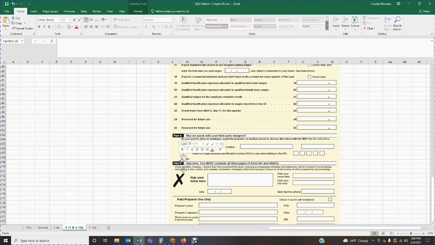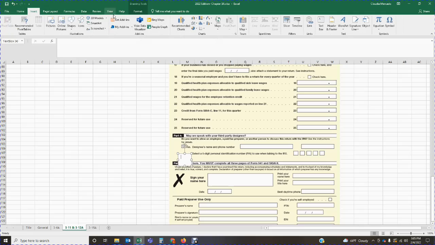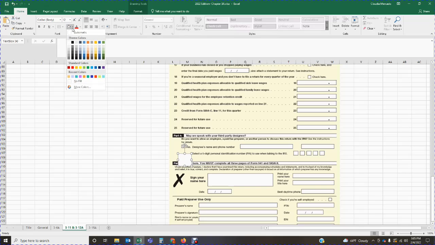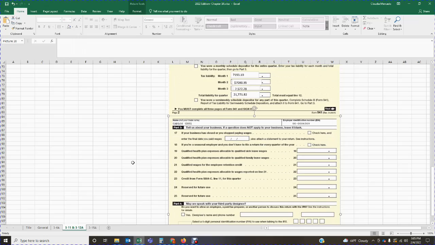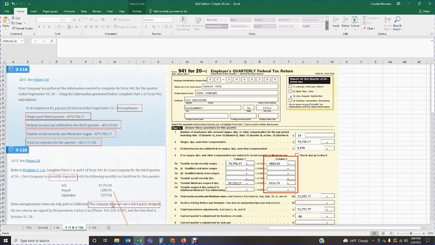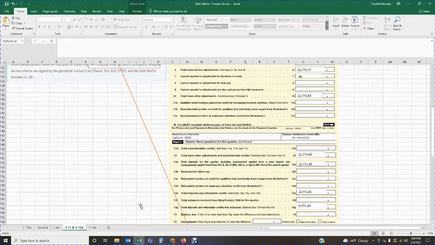Okay, let's see what we get. And we have to enter an X. Why doesn't it work? Home, insert. Okay, here we go. So, may we speak with a third party? The problem says no. The company does not use a third party designee, so I'm going to mark that.